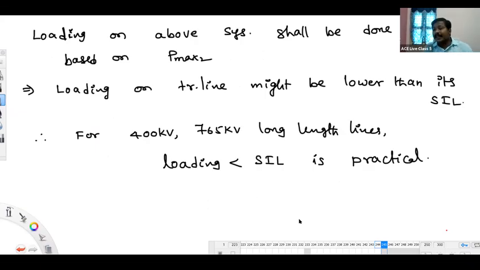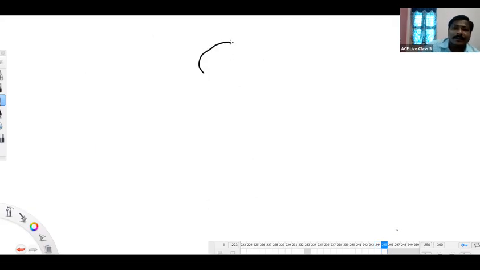Can we have a 765 kV short line? Yes, we may have. At that time, we should go for thermal. Maybe I will tell you one situation, not 765 kV, but a 400 kV line. There is a power plant nearby, Krishnapatnam, a thermal power plant.